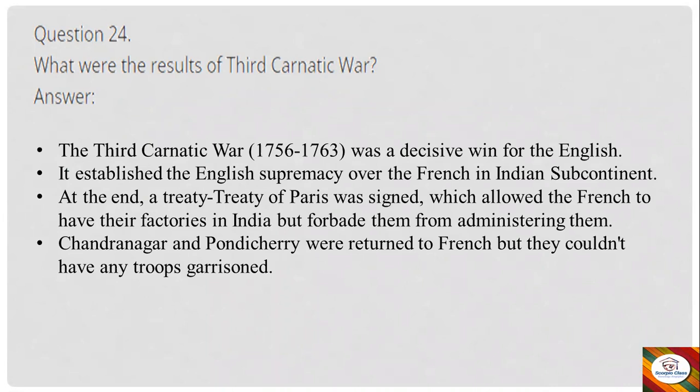At the end, a treaty, that is the Treaty of Paris, was signed, which allowed the French to have their factories in India but forbade them from administering them. Chandranagar and Pondicherry were returned to the French, but they couldn't have any troops garrisoned. Okay, so these were the results of the Third Carnatic War.